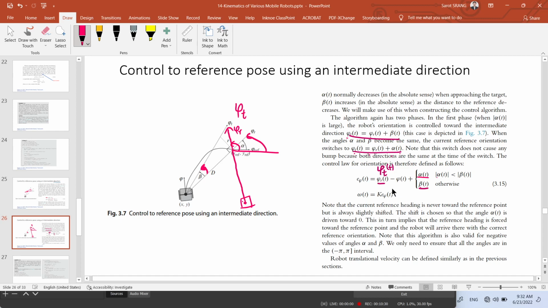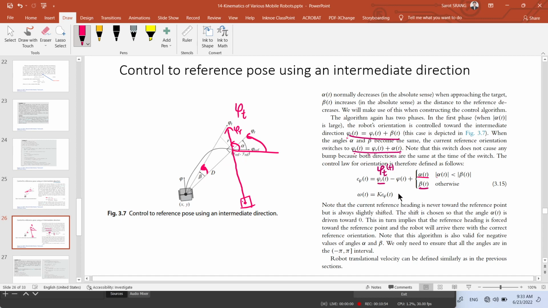And for the error, where is phi r plus alpha, beta? So beta is here.